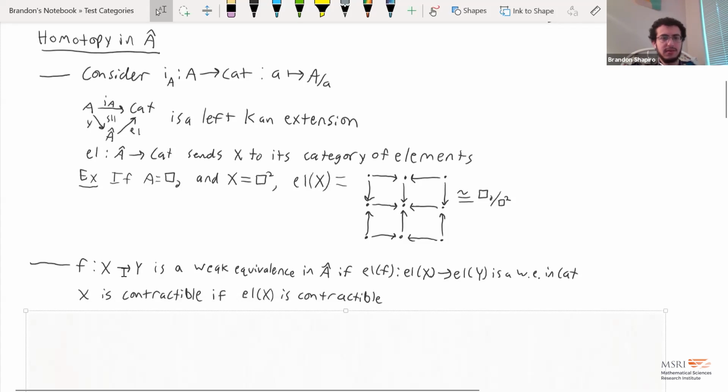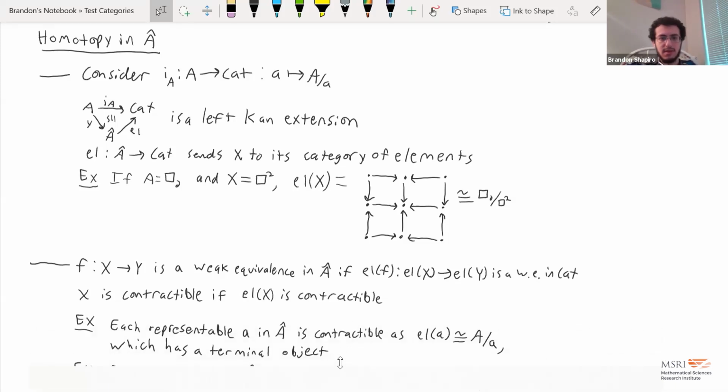And we're going to define the weak equivalences between two presheaves X and Y as maps such that when you apply the category of elements, you get a weak equivalence between these categories. And likewise, X is going to be called contractible if the category of elements of X is contractible. Though note that that's different from saying that the map from X to the terminal A-set is contractible. I'll get to that more.